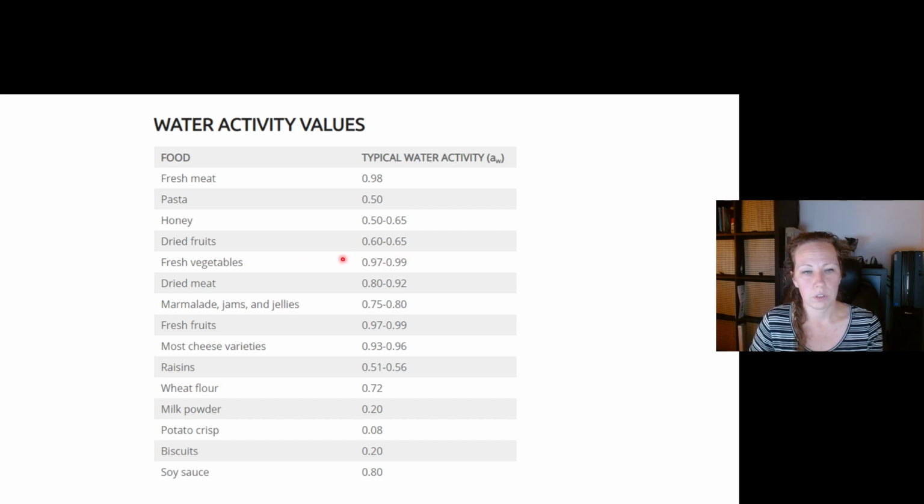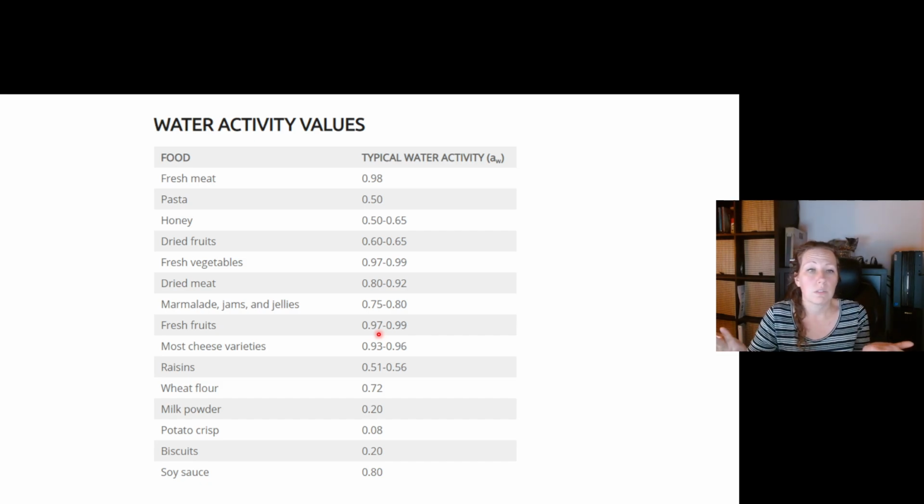Dried fruits, right, have water activity of 0.6 to 0.65, so you can still sometimes get some fungal growth on those, some molds potentially. Some of the more rare ones, most of them you've reduced the chances of getting them. But fresh vegetables or fresh fruits, water activity of 0.97 to 0.99.